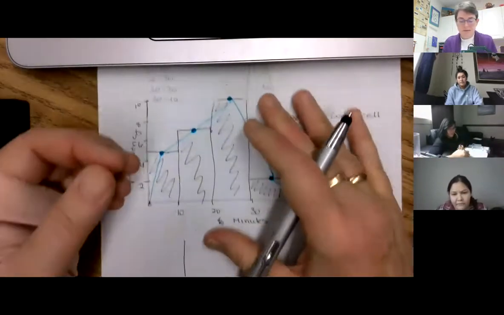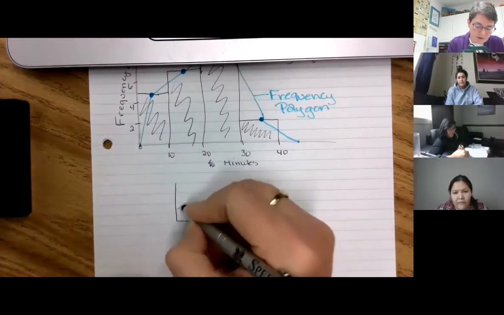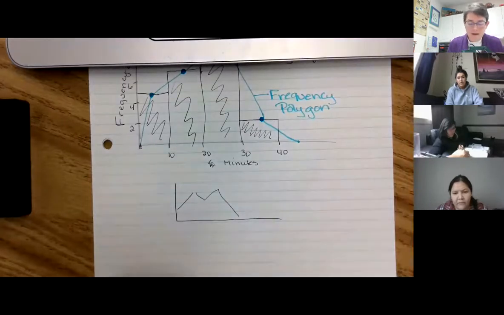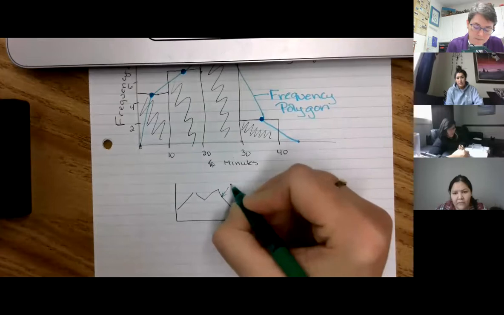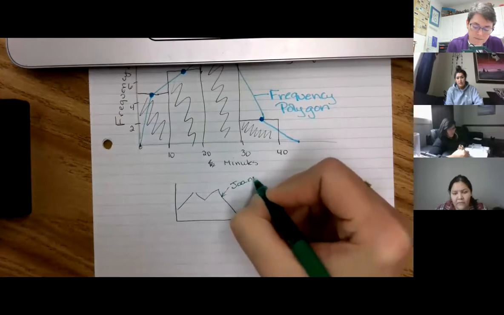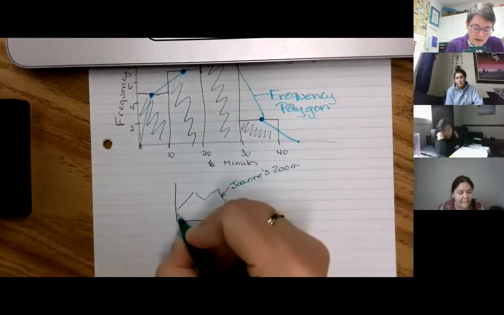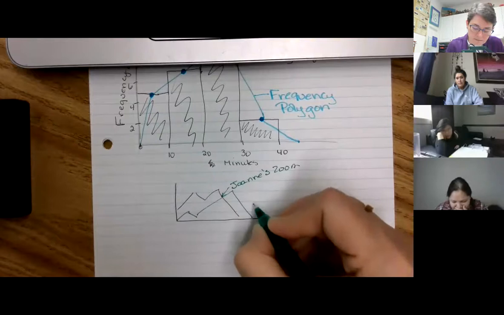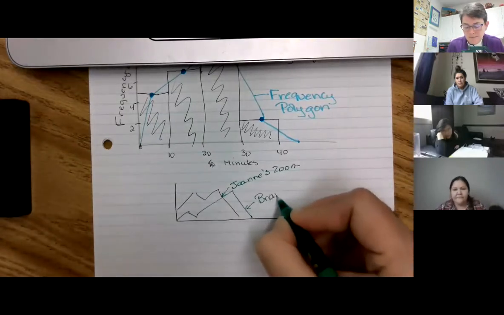Oops, hold on. Right? There's one data set, and maybe these are Joanne's Zoom calls. And then we might do a second set of data as Brian's.